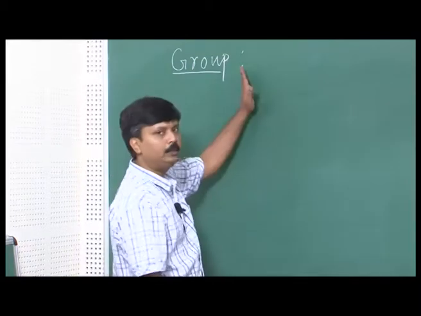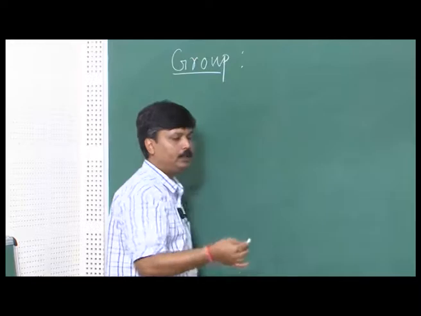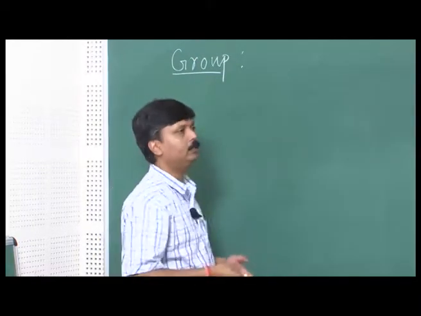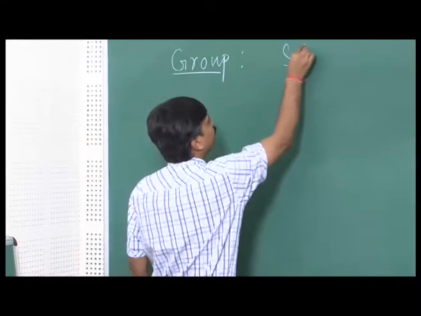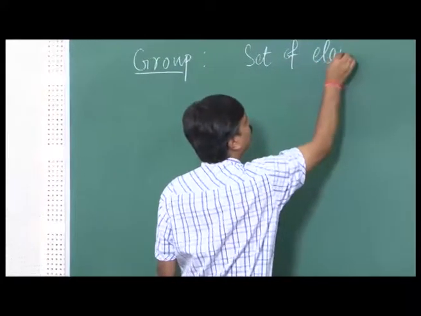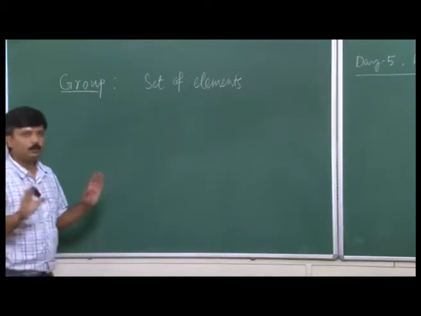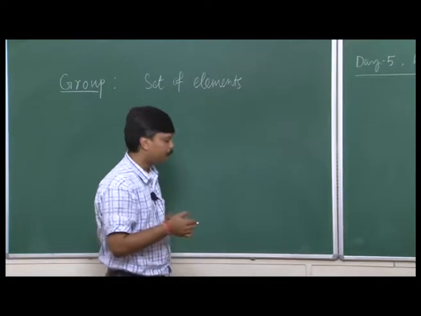A group is a collection of objects, or it's a set of some distinct objects. So if I can say, it is a set of some elements, okay. So a set of elements can form a group.